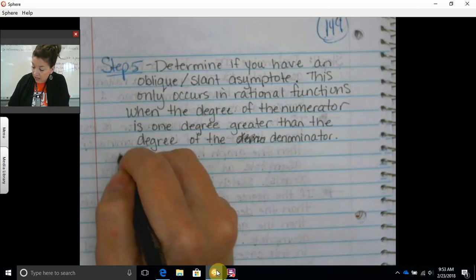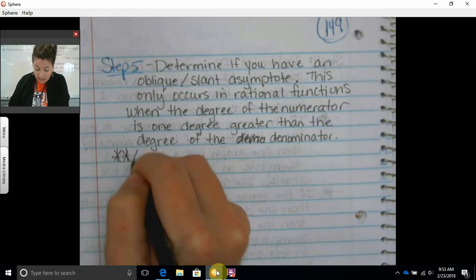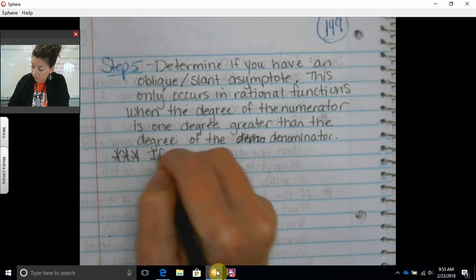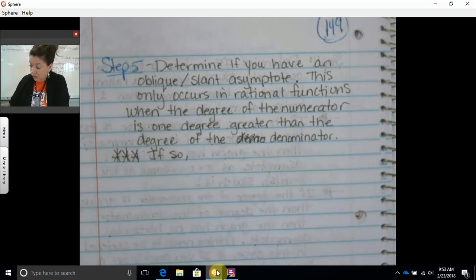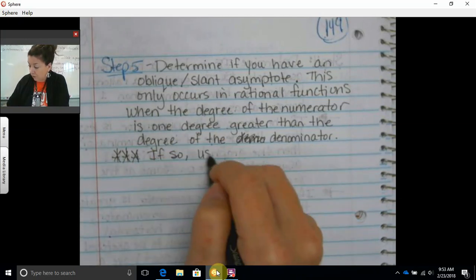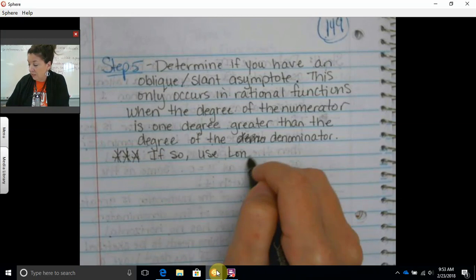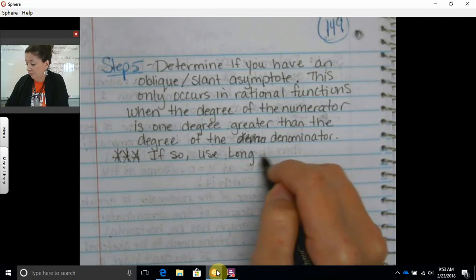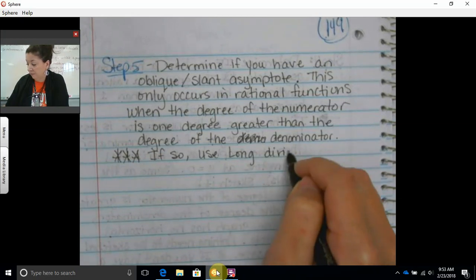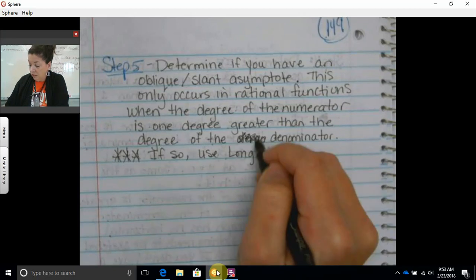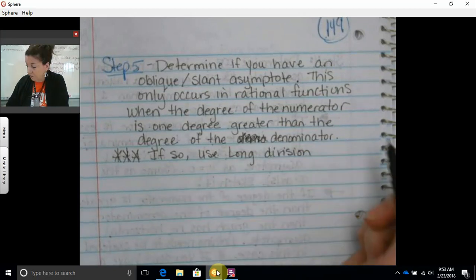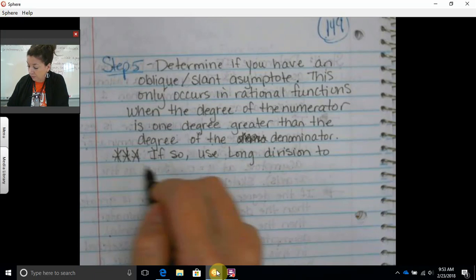If so, because I have to tell you how to find what it is, use long division, which we already know how to do. We did that with the remainder theorem. Use long division to find the quotient.